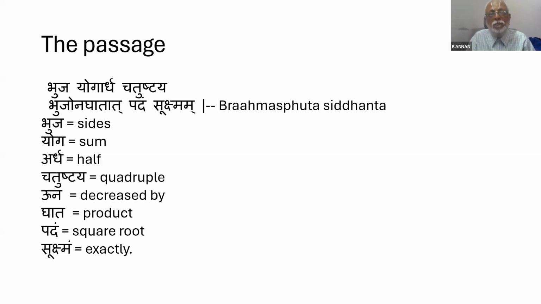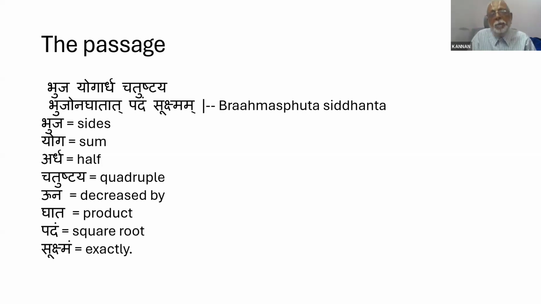What are the 4? He says in the next one, Bhuja Una. Una means decreased by or diminished by a side. Semi-perimeter is taken, one side is subtracted from it. That's the meaning. Now, because there are 4 sides, we will get 4 such factors, depending on which side we are subtracting.